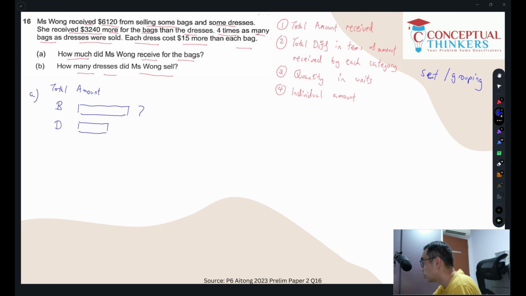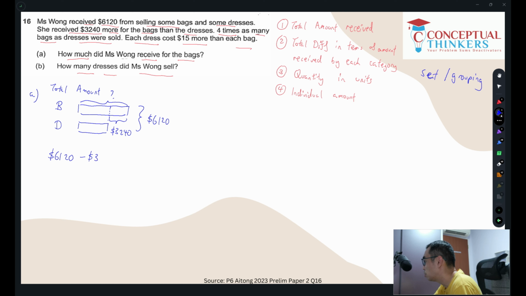We know the total amount here is $6,120, and the difference is $3,240. For part A, they want to know the total amount received for the bags. I can either add, increasing the dress amount to become the bags amount, but usually in school the teacher prefers to teach by subtraction.